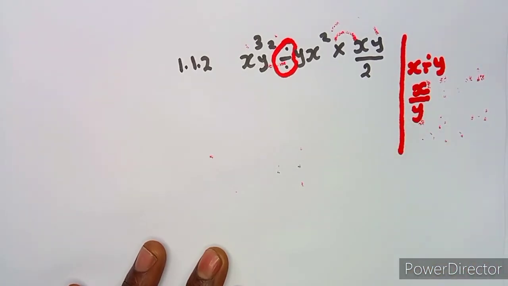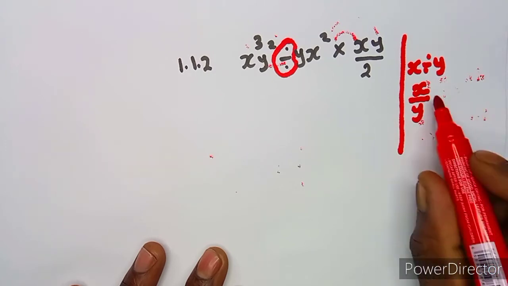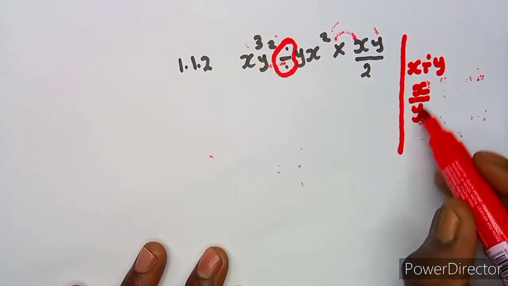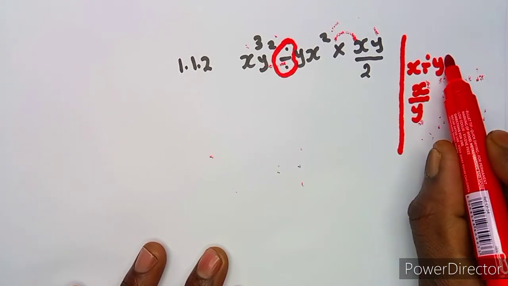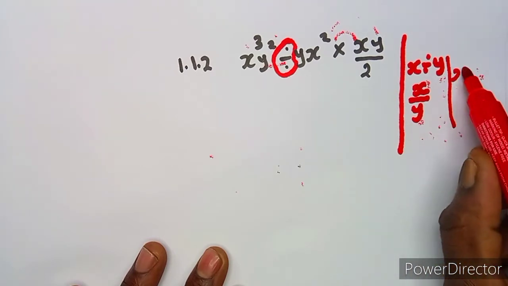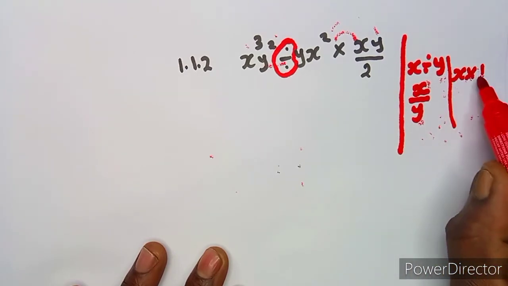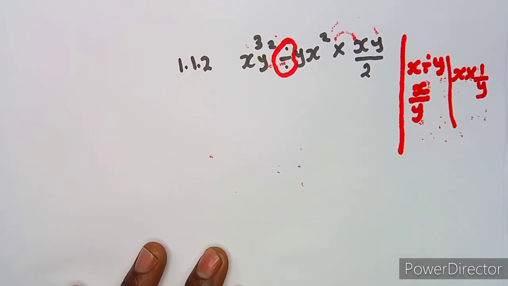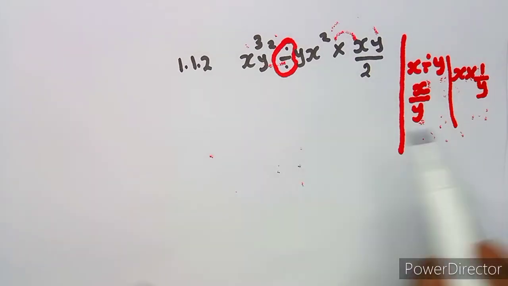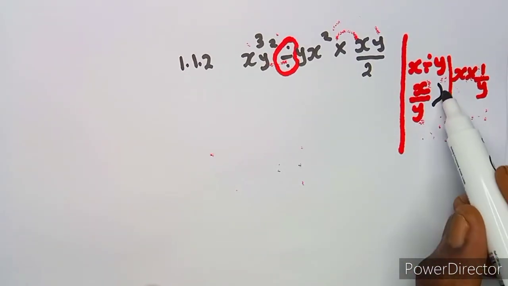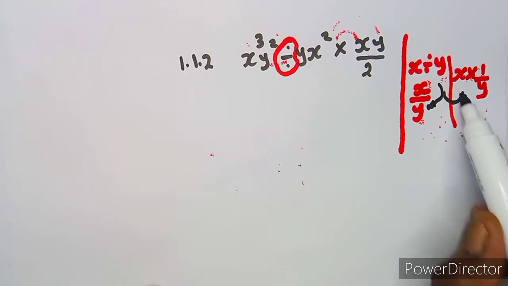It's one and the same thing. This came from x times 1 over y. If you are dividing, you can multiply by 1 over y. So you can write this in this format or in this format. You just choose the best form.